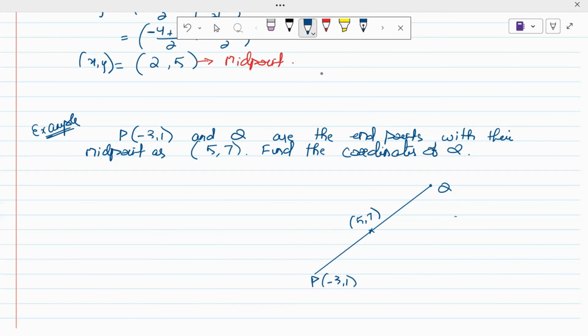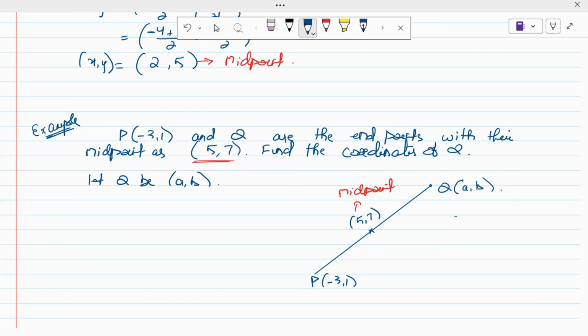So the midpoint is given here, and we are supposed to find one of the endpoints. Now we don't know the endpoint, so we are supposing the coordinates of the endpoint as (a, b). So let Q be (a, b).